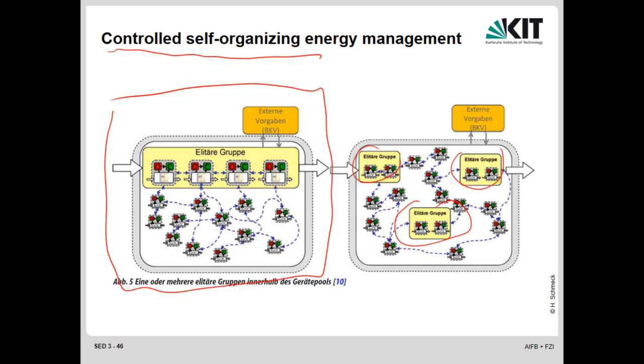The idea of the elite group has been patented, but so far I don't know of any actual use of that patent. But it is a nice way of organizing the balancing task in the energy system in a self-organized, decentralized way, which so far is done in a centralized way on the transmission system level by those larger devices.